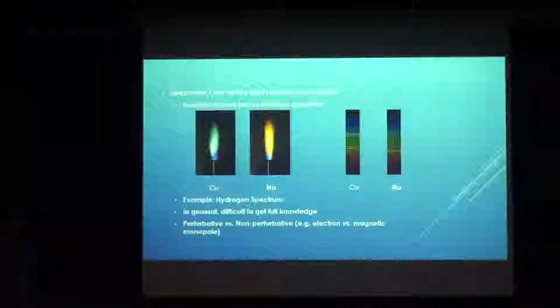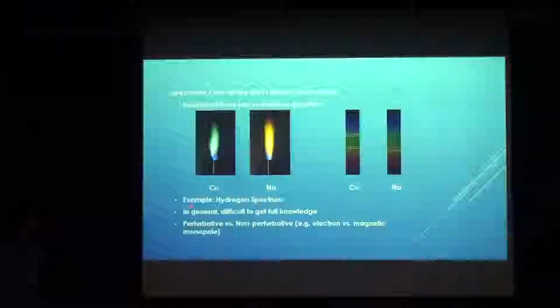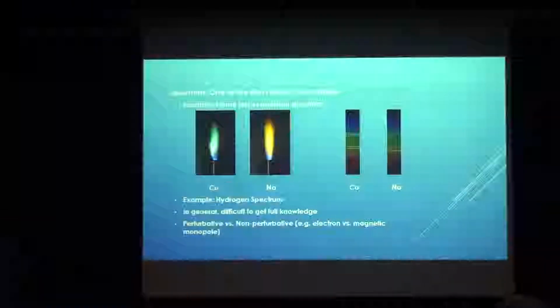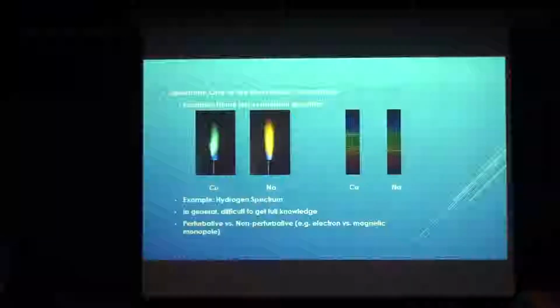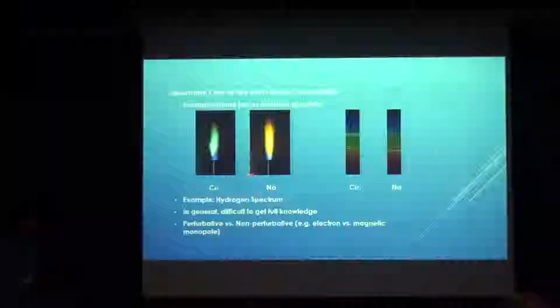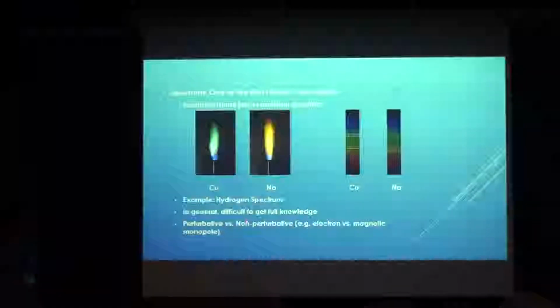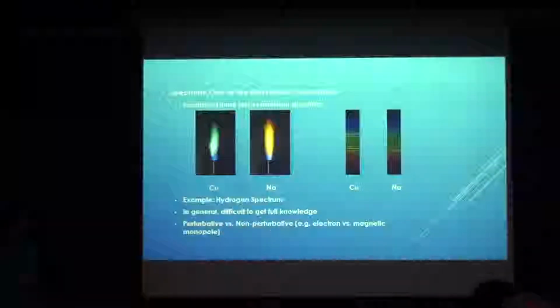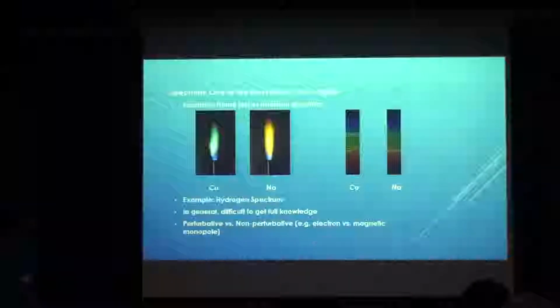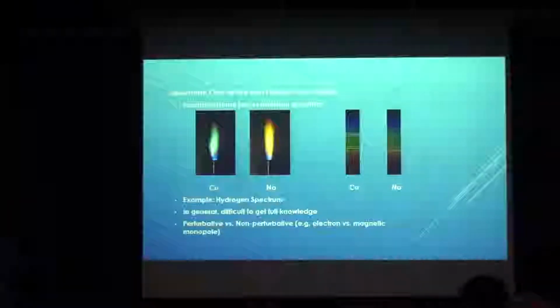The classic example is always the computation of the hydrogen spectrum. But in general, it's really difficult to get full knowledge of the spectrum of a given system. We also have trouble thinking about the perturbative spectrum and non-perturbative objects, for example, electrons and magnetic monopoles.